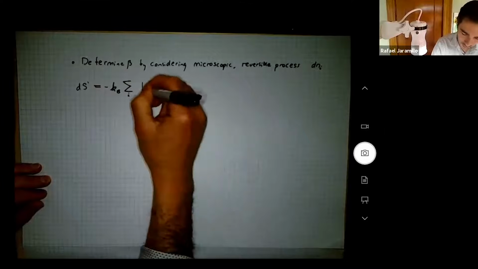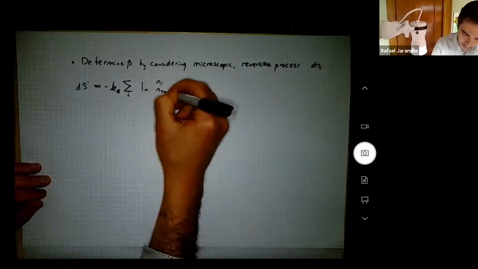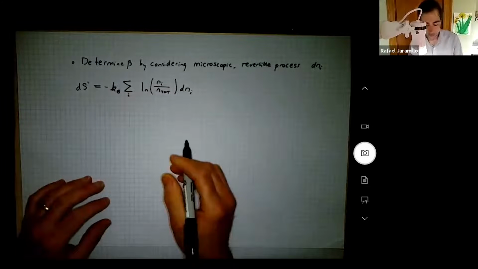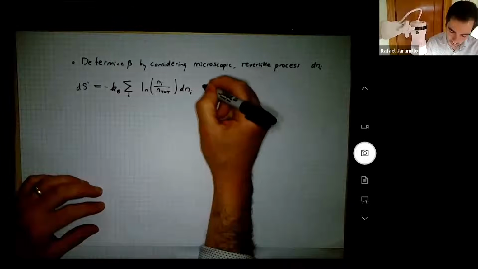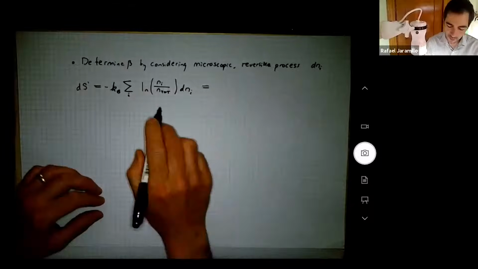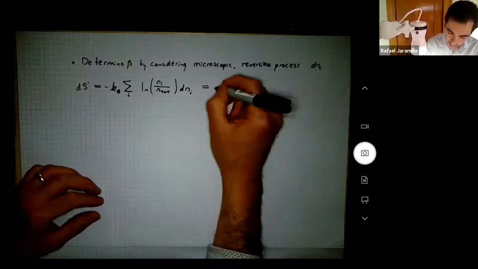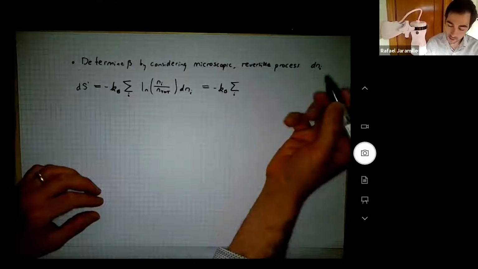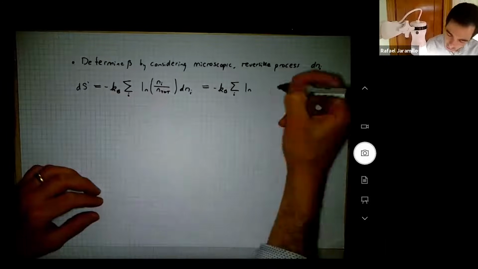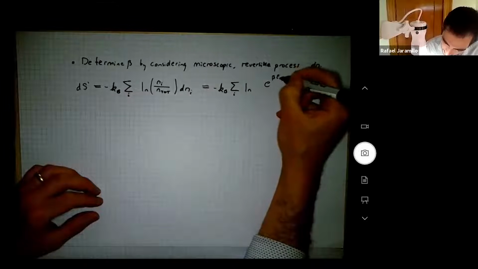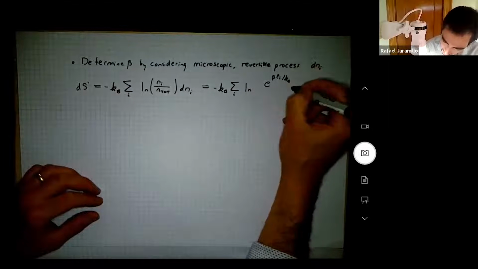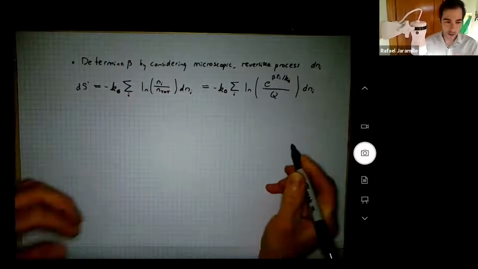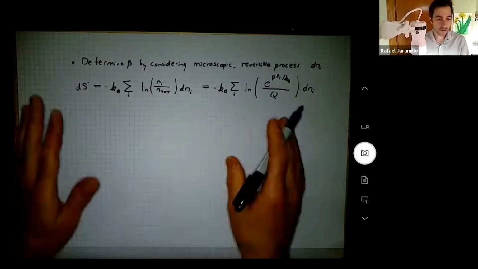dS equals minus k_B sum over i of log of n_i over n total, dn_i. You can pull that from the last two lectures, but now we actually have an expression for this distribution. So we're going to use that expression. That distribution is e to the beta epsilon_i over Boltzmann constant, over Q. Then we have some logs of exponentials and things, so we can simplify this a little bit.